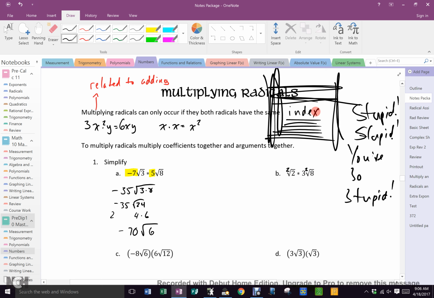Because I'm so stupid. So, there is also a hidden 1. What do I do with the coefficients? Multiply them. What is 3 times 1? 3. So I do 3 times 1 outside. And then what do I do inside?